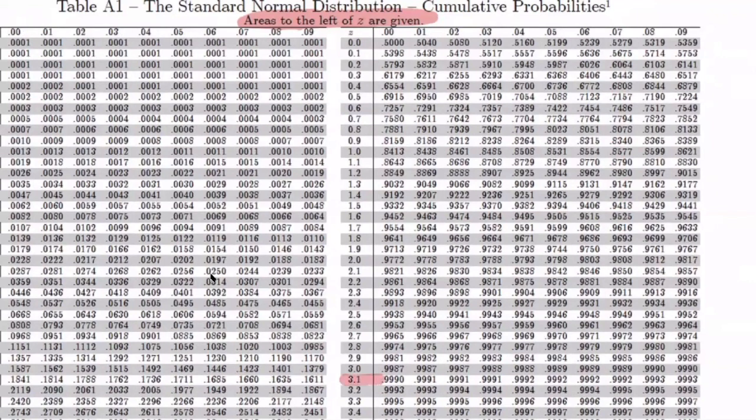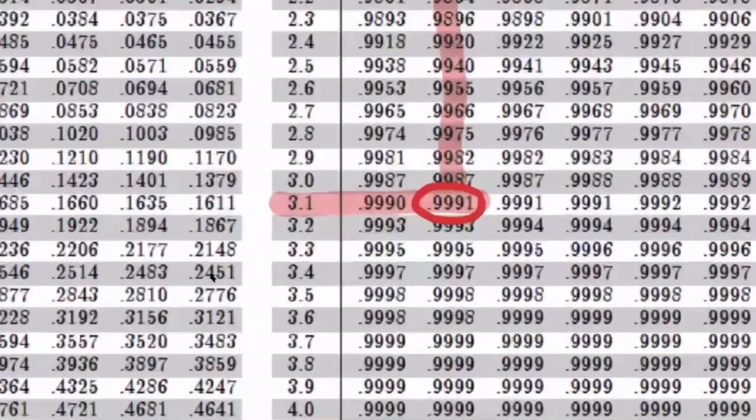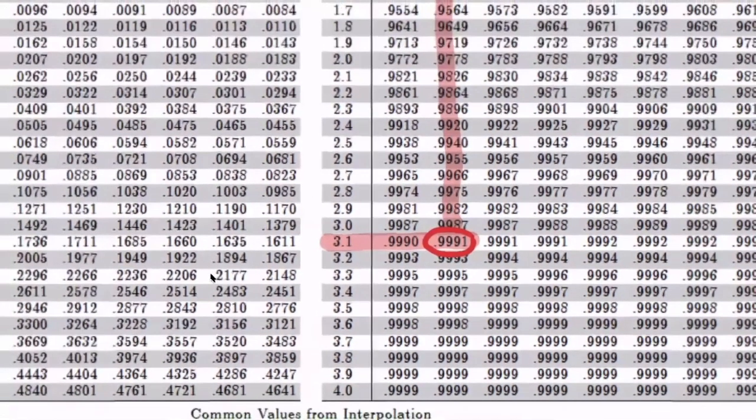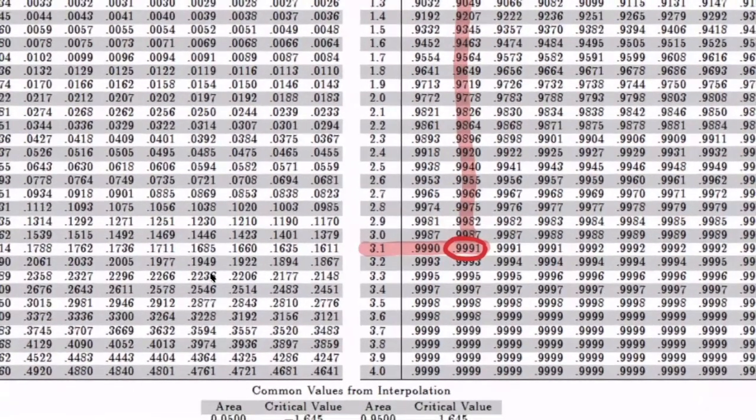Way down below, 3.11. Okay, so that one says 0.9991. So we're almost to the point where we've captured all the curve. Remember, the total area is 1. So we've almost gotten to 1 here. Once you're at 4, you're basically capturing the full curve. We're at 3.1. Any questions? 0.9991.